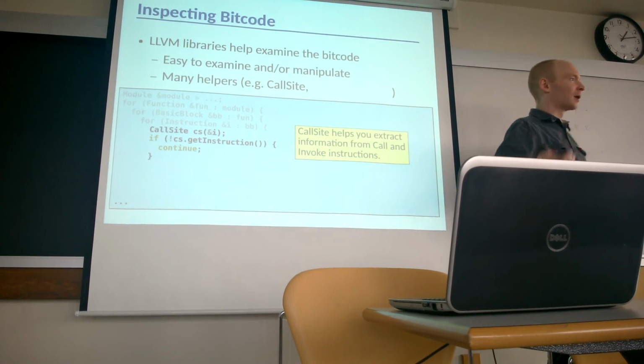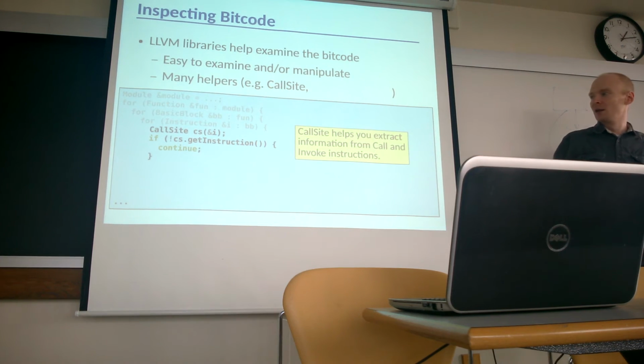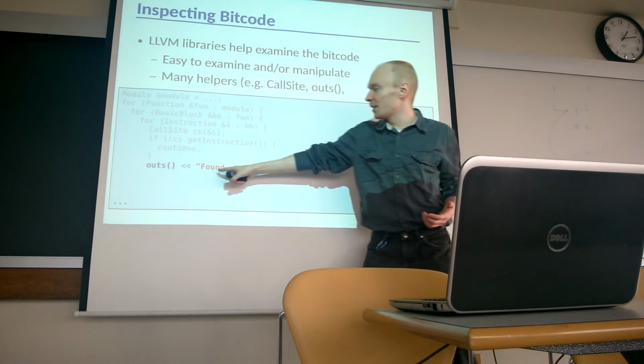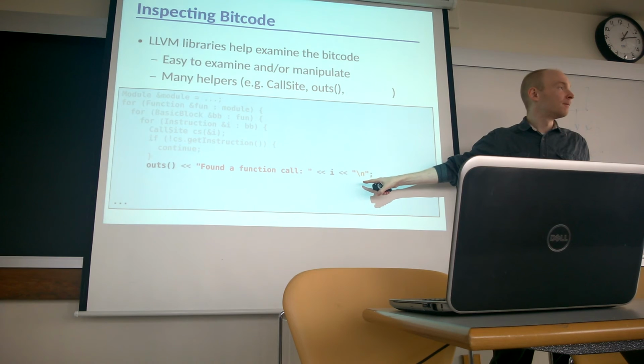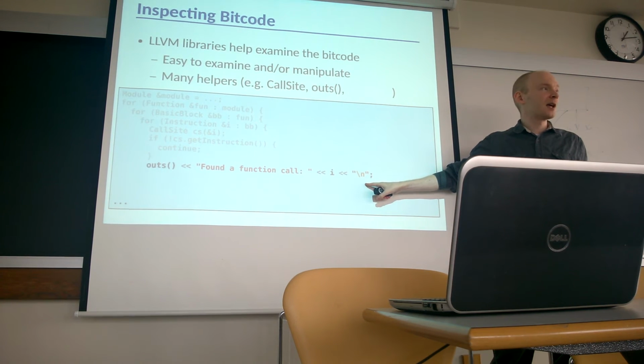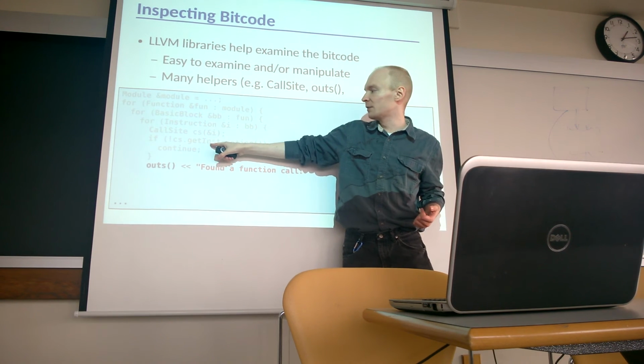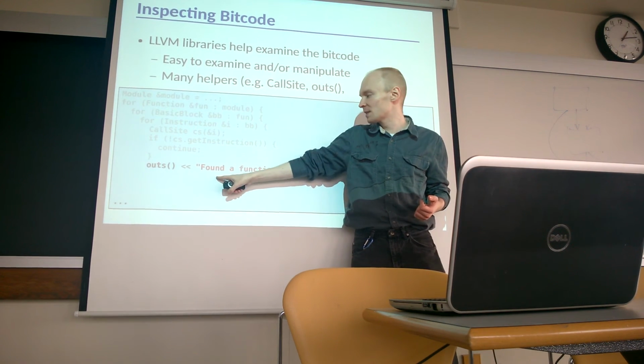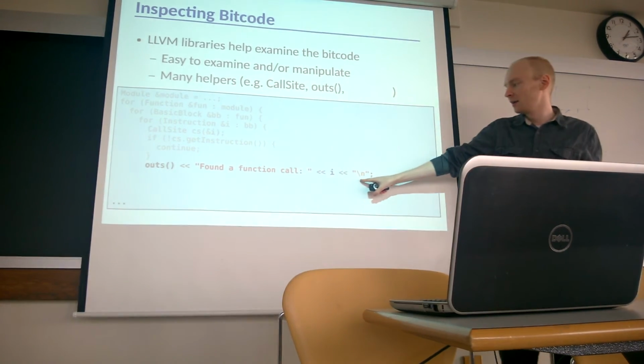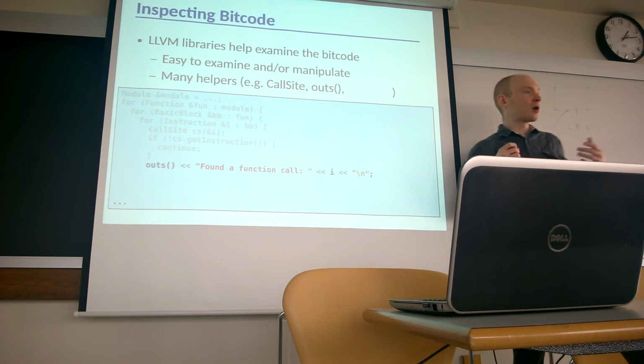It represents a call instruction, right? So at this point down here, we found a function call, right? That's what that means. Because we continued through the loop, if we got a null pointer here, that means CS must represent a valid call site, so I is a valid call.